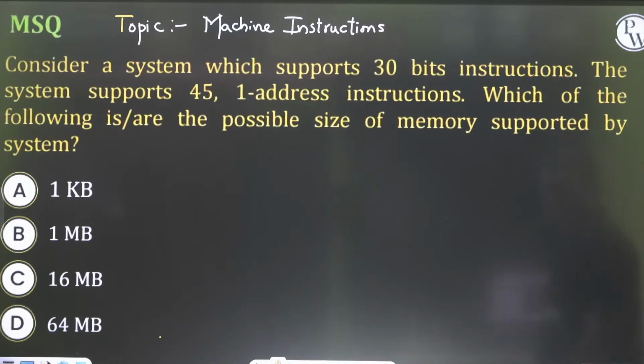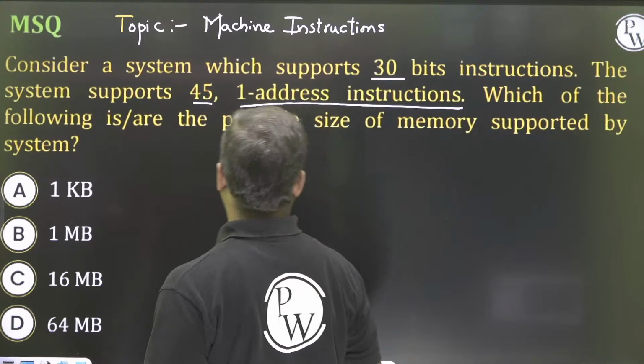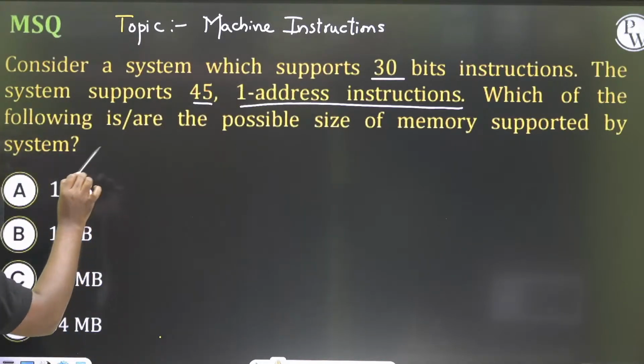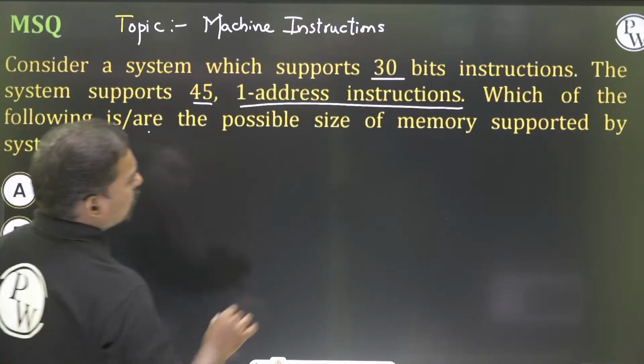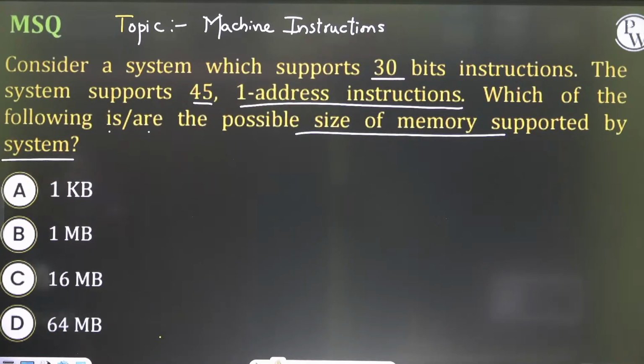Consider a system which supports 30-bit instructions. The system supports 45 one-address instructions. Which of the following are the possible sizes of the memory supported by the system? Try to answer.